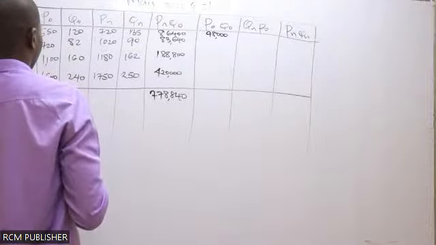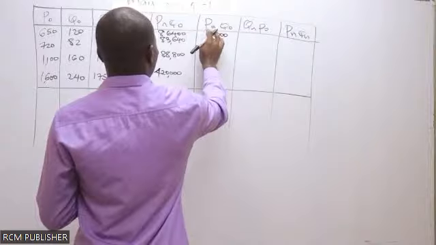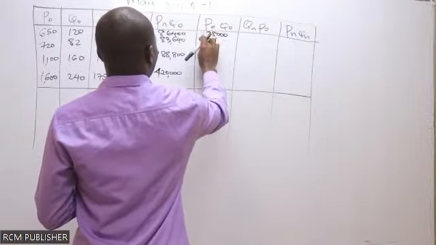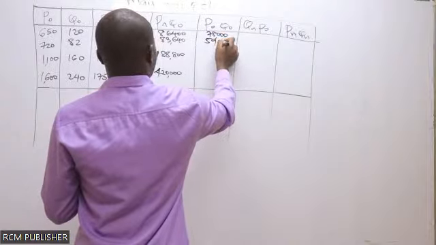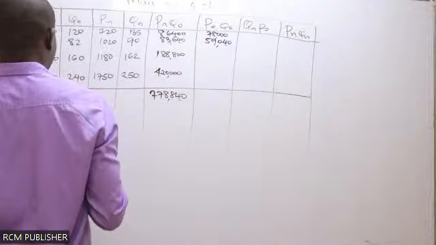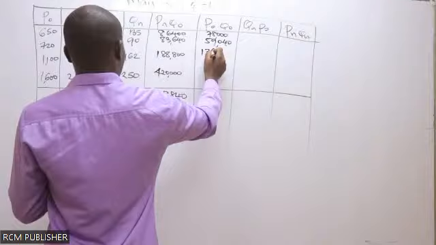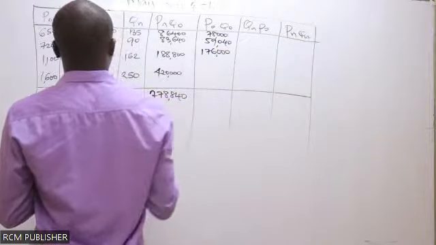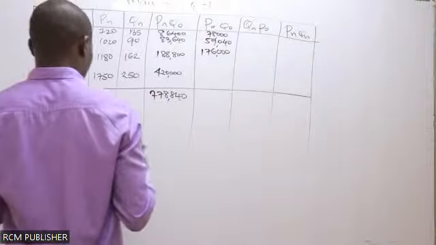Then 720 by 82, $59,040. Then 1100 by 160. And then 1600 by 240.